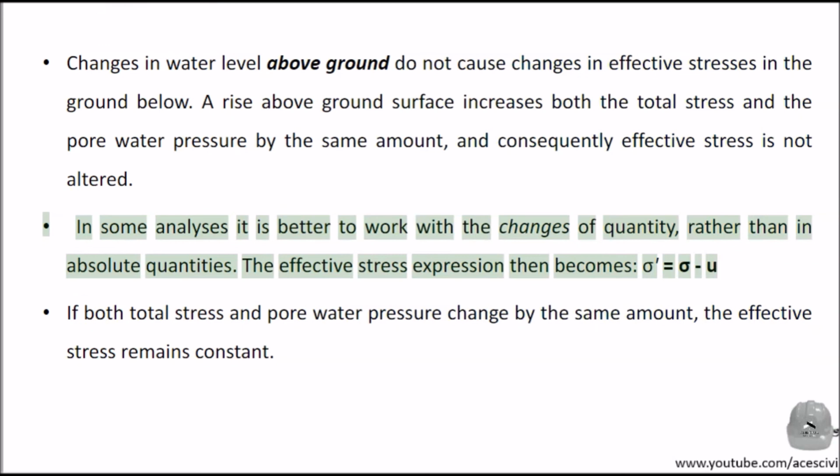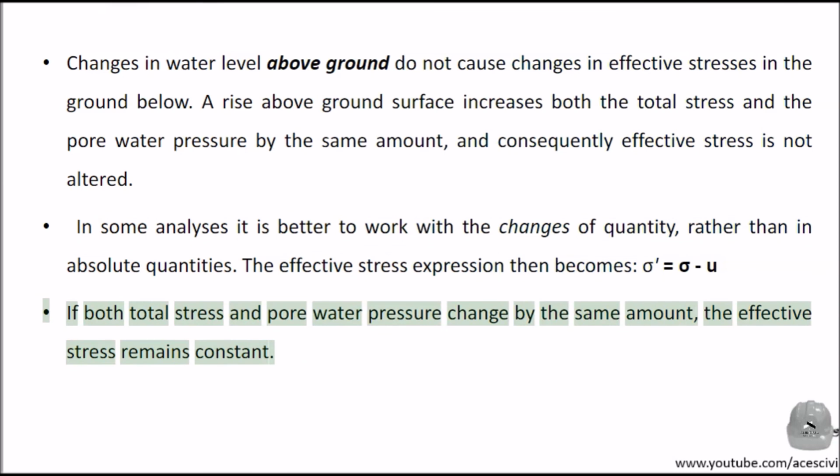In some analyses it is better to work with the changes of quantity, rather than in absolute quantities. The effective stress expression then becomes Δσ' equals Δσ minus Δu. If both total stress and pore water pressure change by the same amount, the effective stress remains constant.